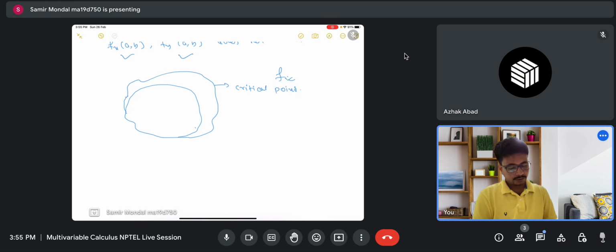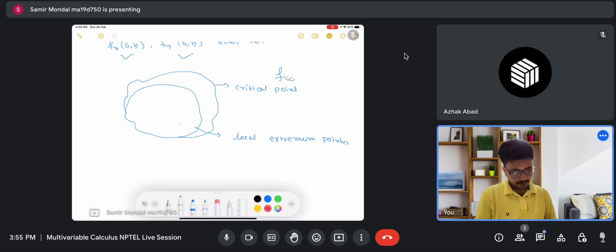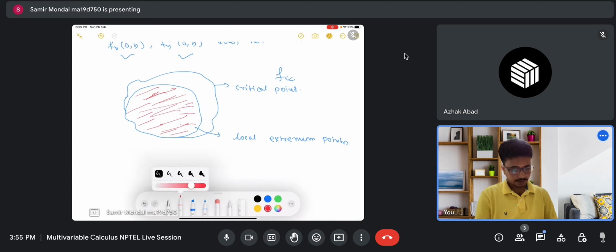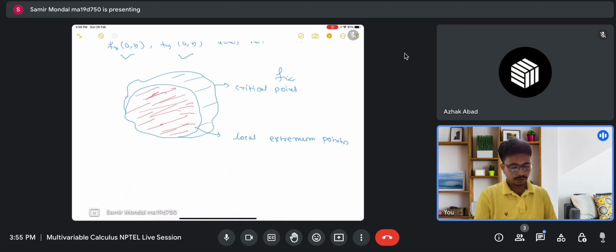At that time, the points of local extremum, suppose this is your local extremum point, and this is your collection of all critical points.